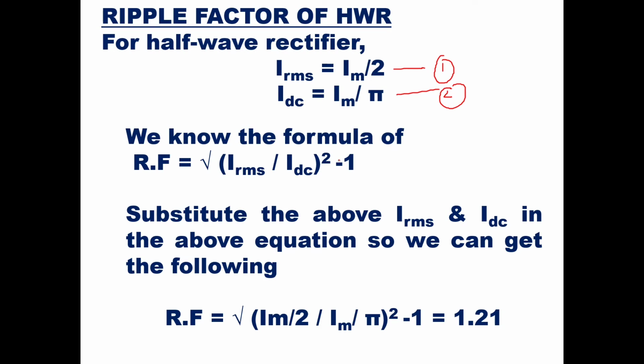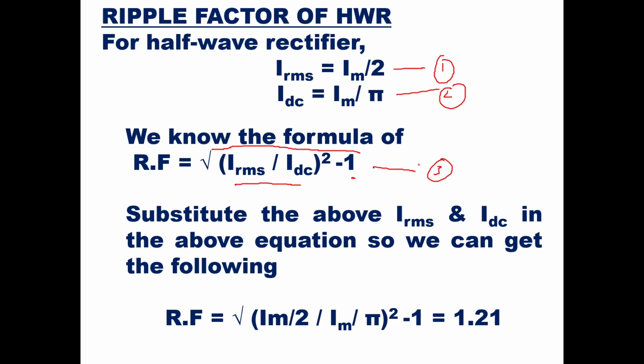Now you take the formula for ripple factor. Ripple factor is equal to the square root of (IRMS upon IDC) whole squared minus 1. You can call this equation 3.